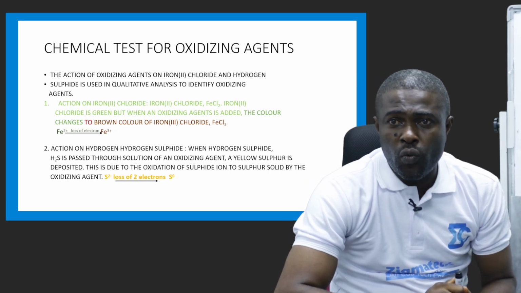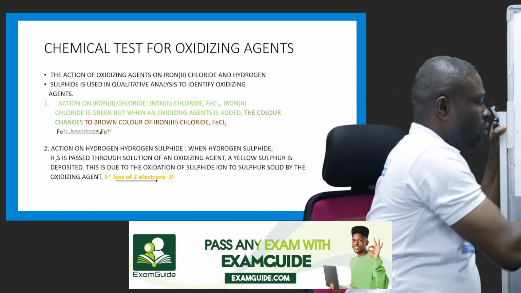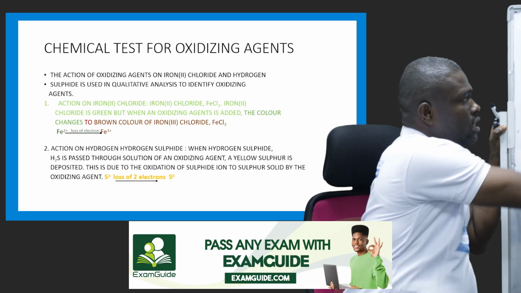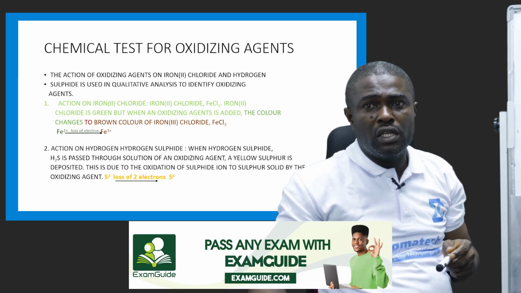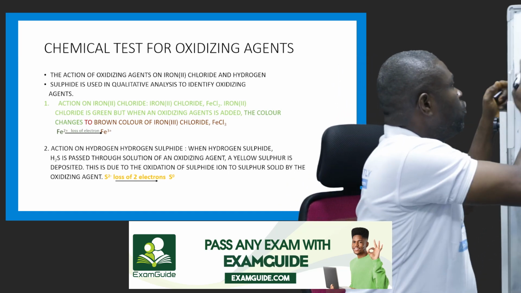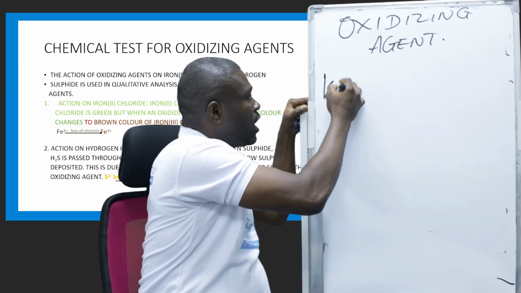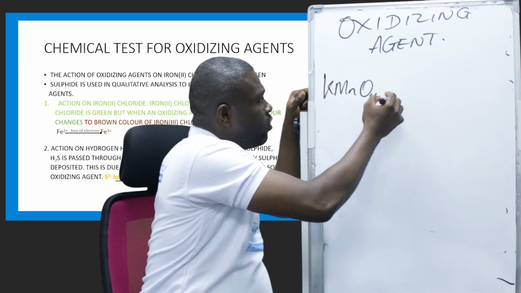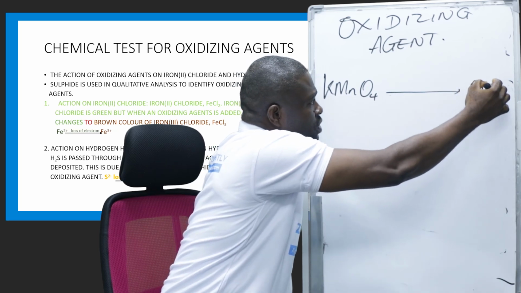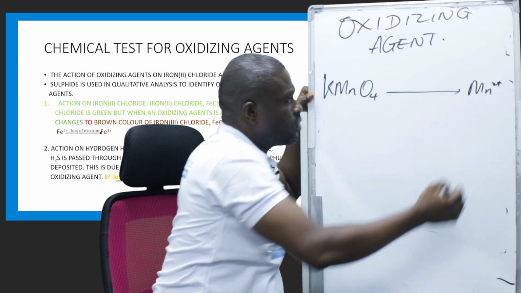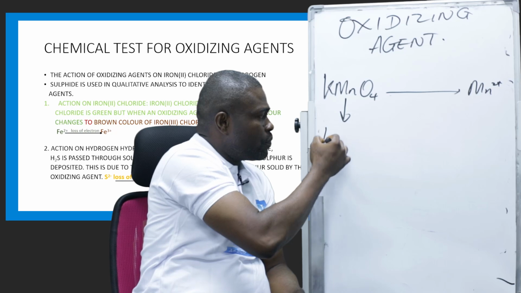What happens when you put potassium tetraoxomanganate 7 to a reducing agent? The compound will definitely move from a purple color, KMnO4, to a colorless substance, which is Mn2+. This particular compound is purple in color.